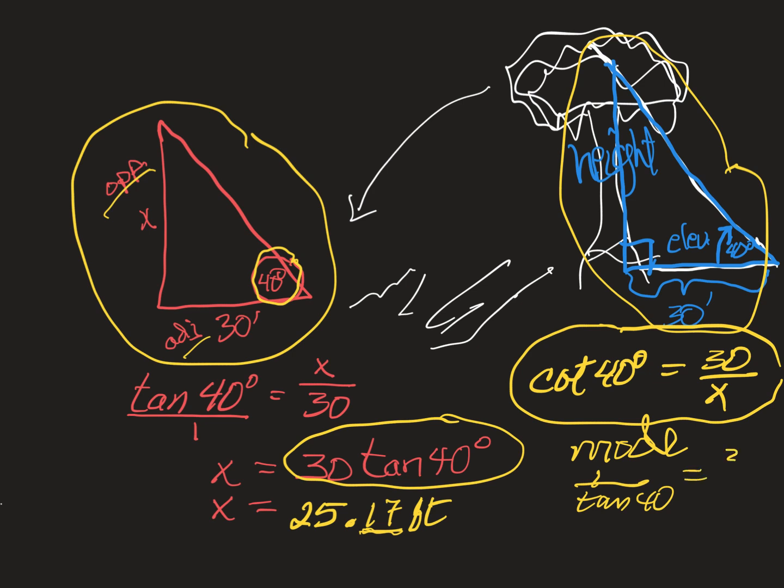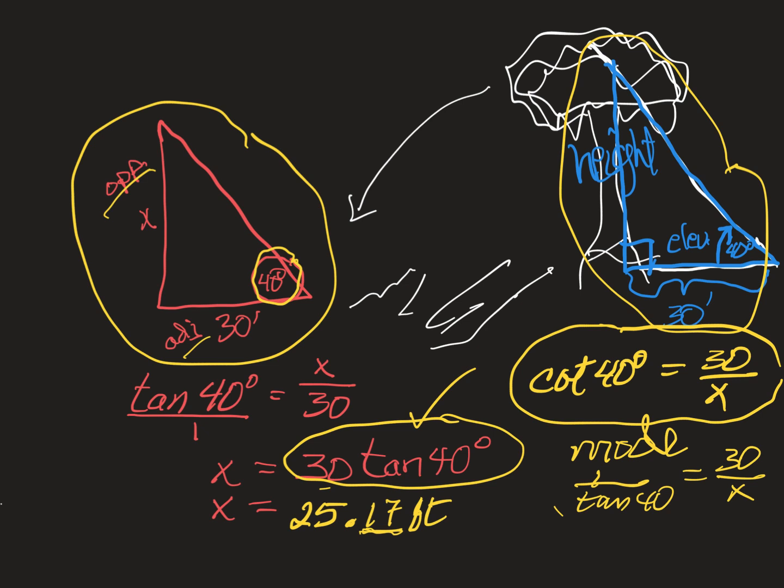And this is where those reciprocal rules come into play. If you had seen this calculation on a problem, you have to think, I've got to write that in terms of a calculator button so that I can actually use the calculator. And again, you'd cross multiply and get x equals 30 times tangent 40, so you'd punch in exactly what we did here.